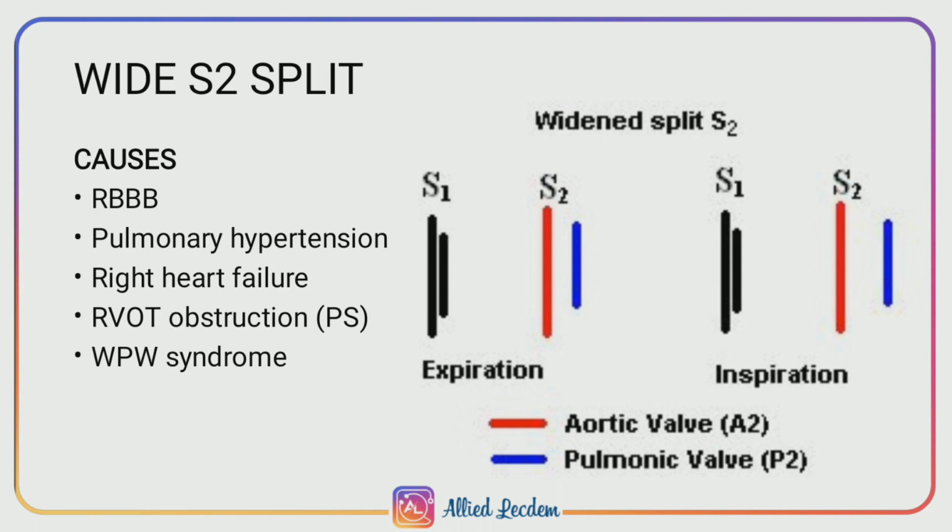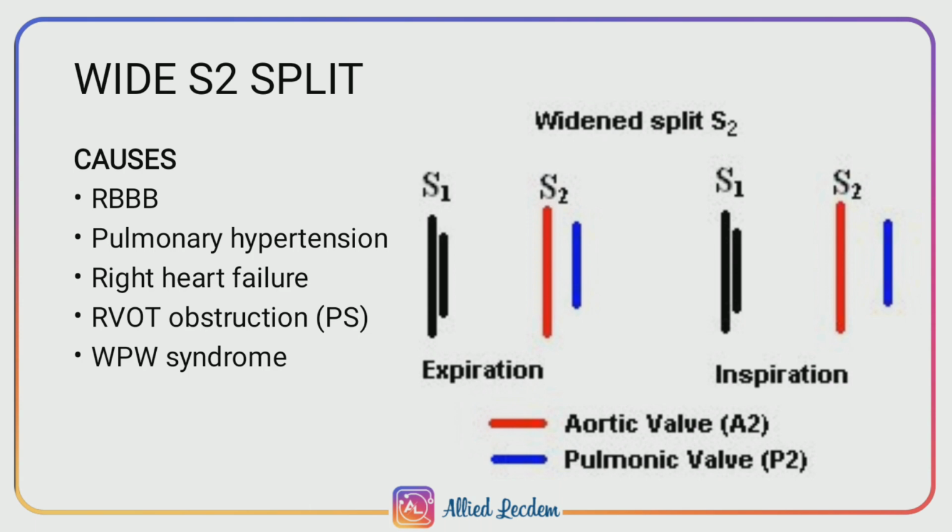Wide S2 split. The pathological causes behind this are right bundle branch block, pulmonary hypertension, right heart failure, RVOT obstruction called pulmonary stenosis, and WPW syndrome. In this condition, the normal physiological split also persists during expiration.